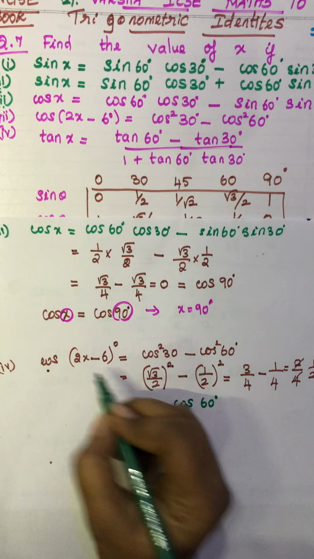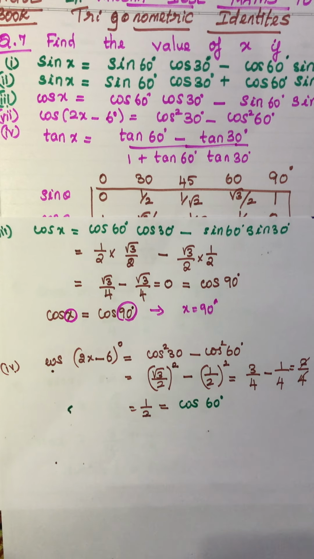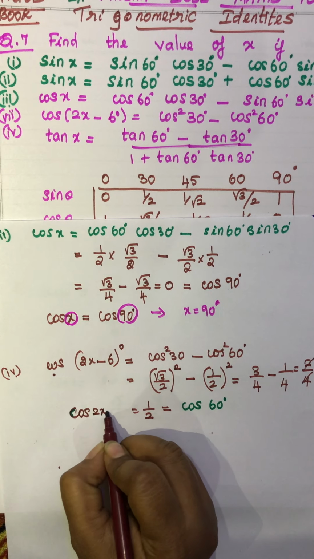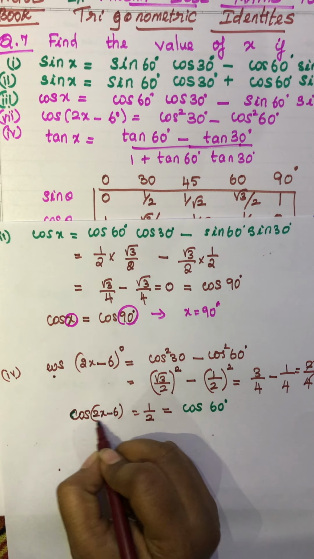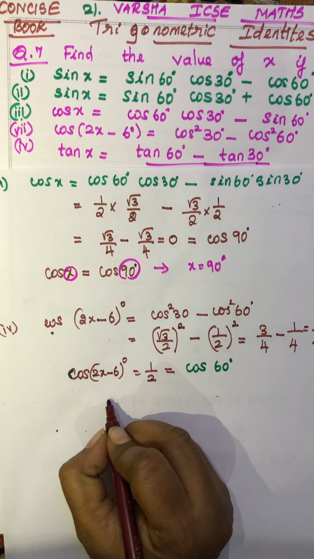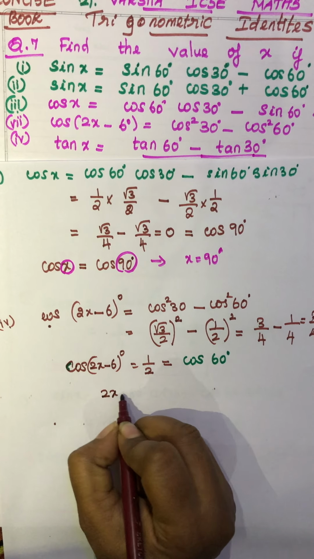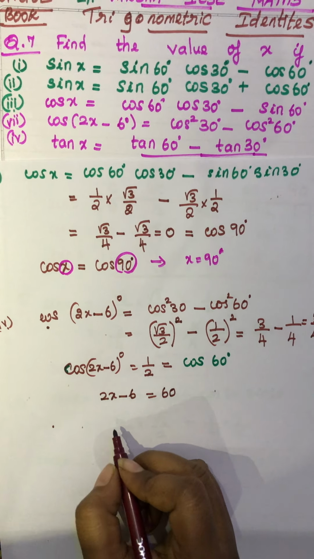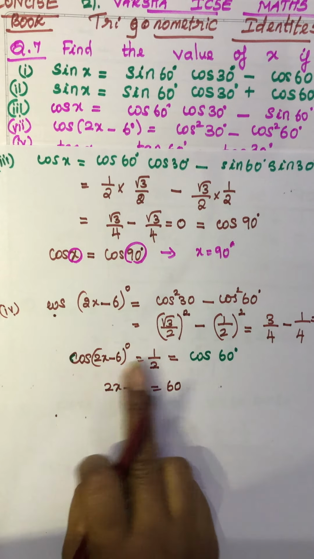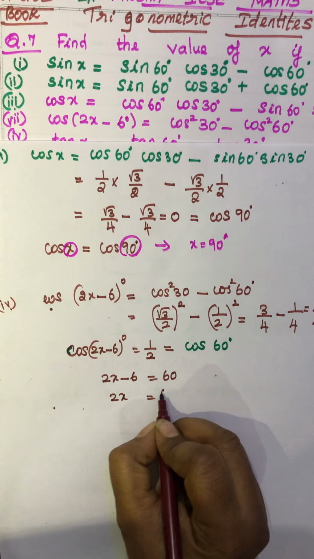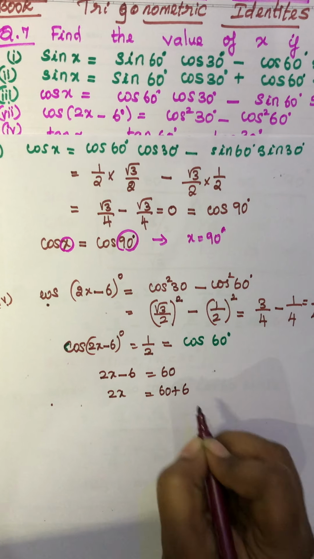Okay, so what is in the place of theta? You just write here cos of (2x minus 6) degree. So in the place of the angle, 2x minus 6 degree is equal to 60. Okay, these are equal. So 2x is equal to 60 plus 6.